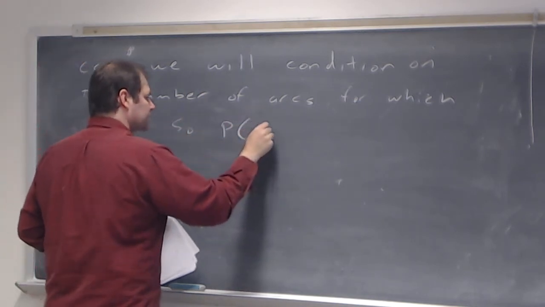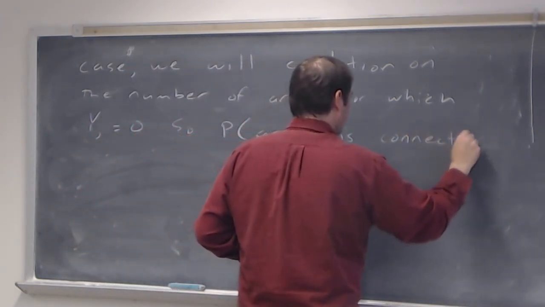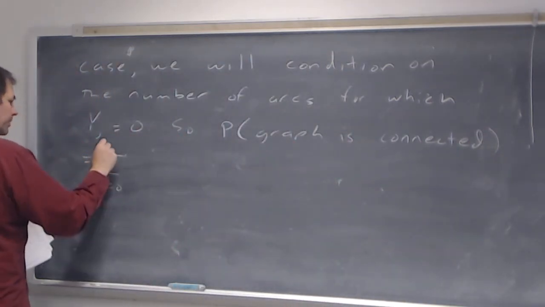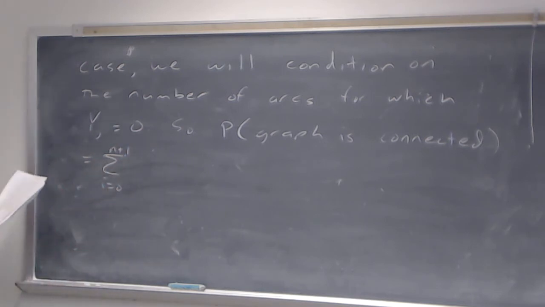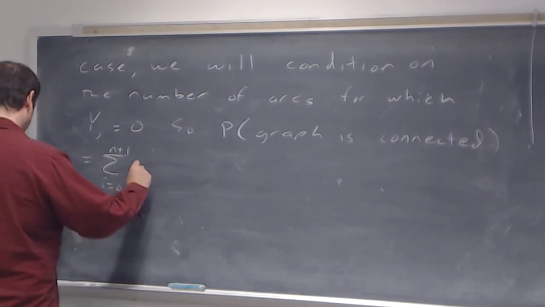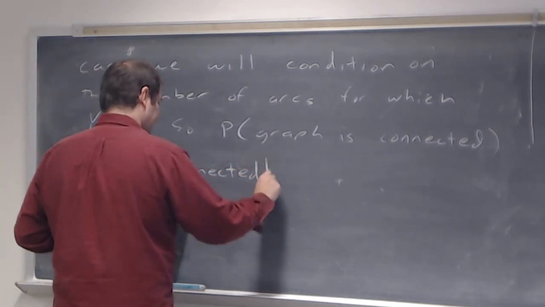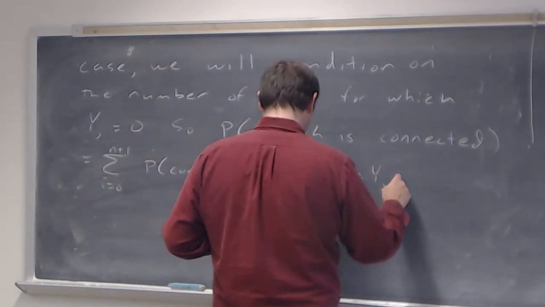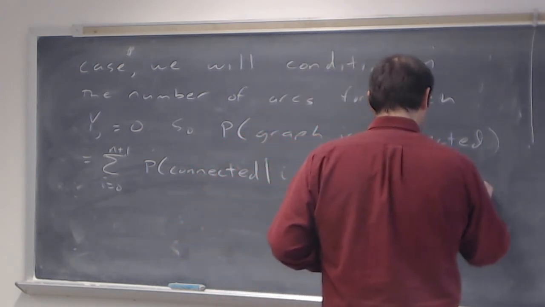The probability that the graph is connected is equal to the total probability, sum as I runs from 0 to N plus 1, or N plus 1 non-zero nodes here. Probability of the graph being connected, given I of the Y sub j's equal to 0, okay, times the probability that Y sub j equals 0.